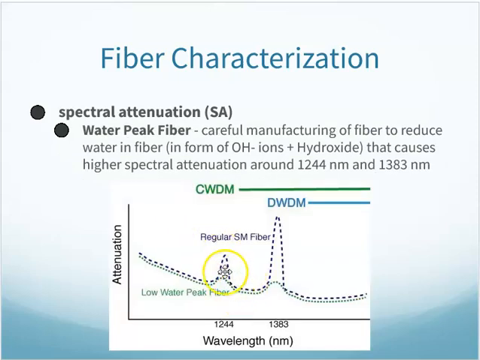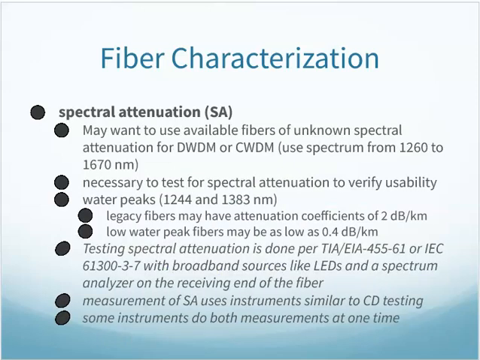So if I look here, typically there was a lot of attenuation at these wavelengths. In regular fiber, we have a lot of attenuation, so those tend to be avoided. But your low water peak fibers minimize that, allowing a bigger range of wavelengths to be used for things like coarse wavelength division multiplexing and dense wavelength division multiplexing, allowing those two to happen.